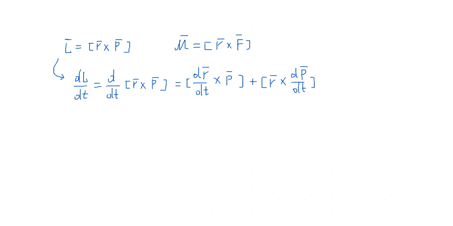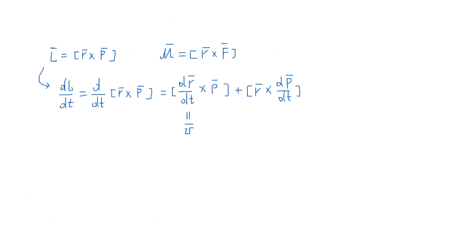Okay, so what can we say about these two terms, these two vector products? From kinematics, you can remember that this derivative is equal to the vector of velocity. And from dynamics, we can remember the second Newton's law of motion.